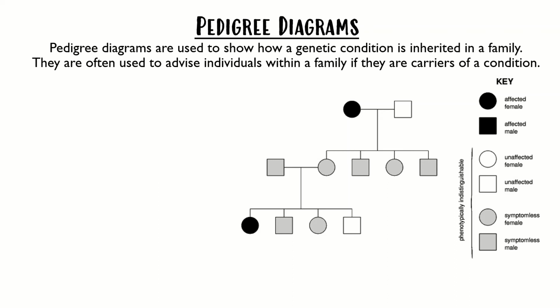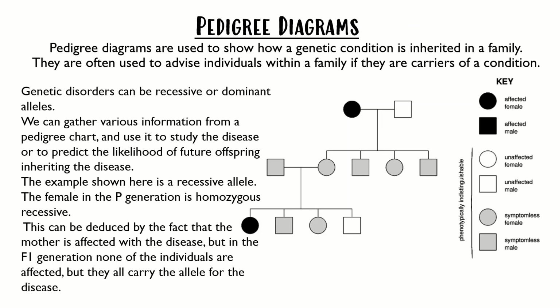As you see, the firstborn child on the left here gets married and has children of her own, and one of them is affected. Two, a boy and a girl, are carriers, and the male is unaffected. So genetic disorders can be recessive or dominant. This example here is a recessive allele for a genetic disorder. We can gather various information from a pedigree chart and use it to study the disease and predict the likelihood of future offspring inheriting a disease.